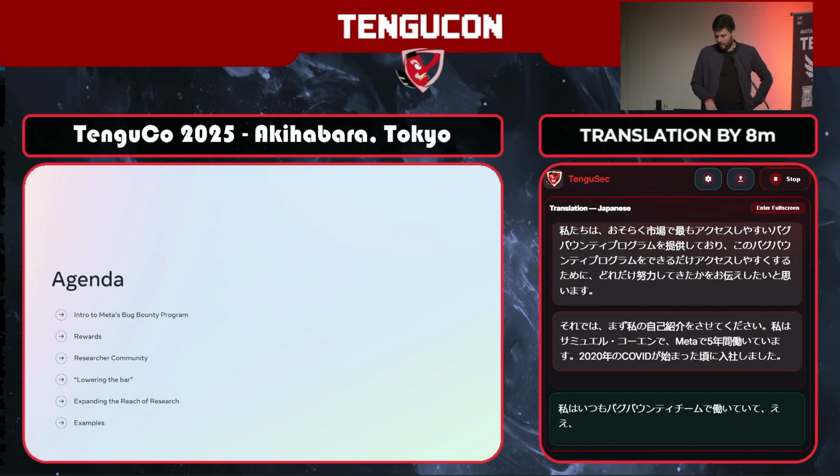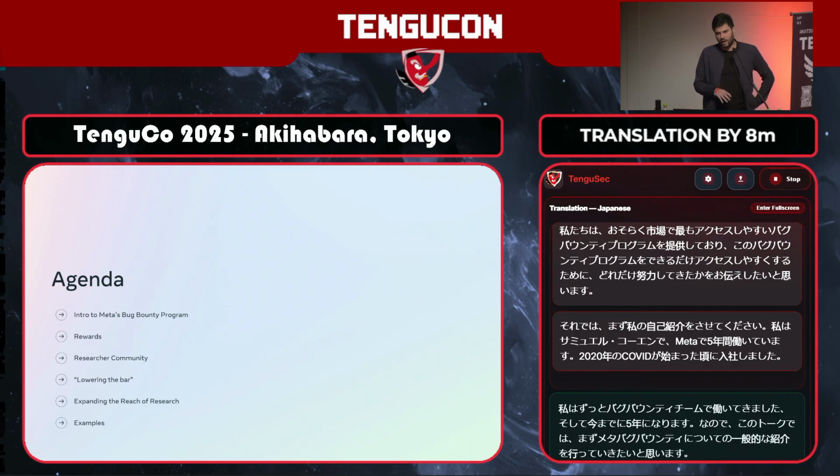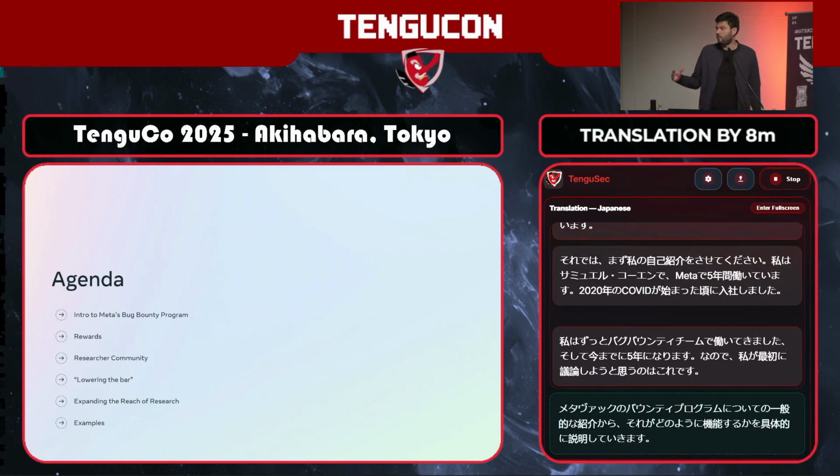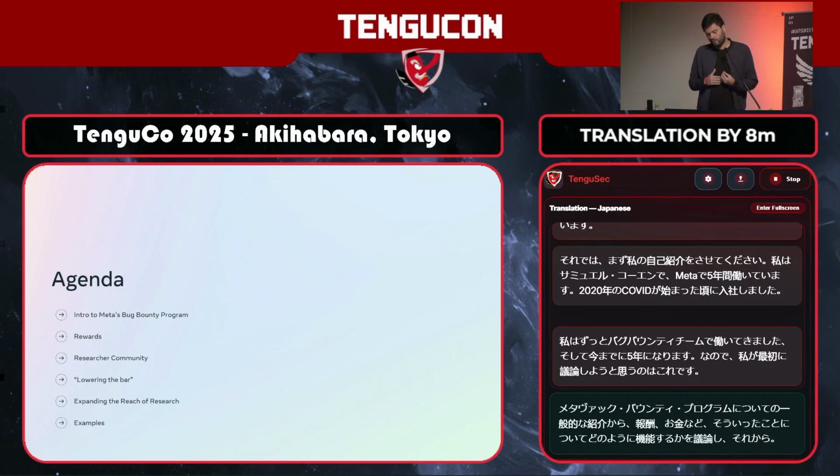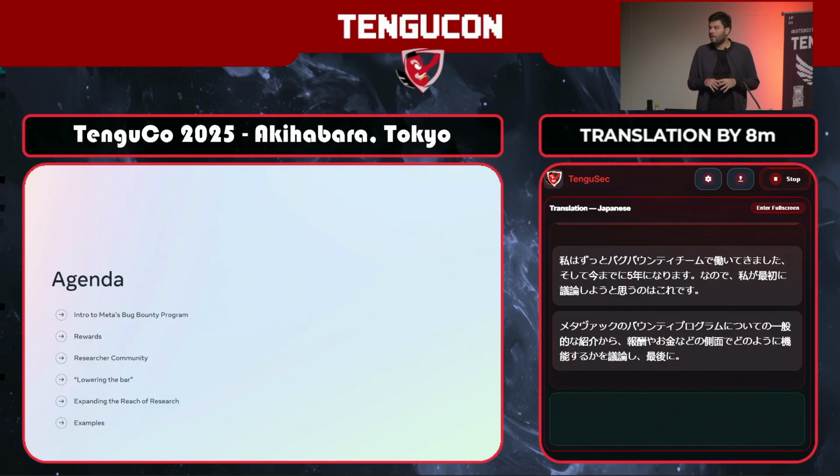So in the talk, I'm going to first give a general intro about the Meta Bug Bounty Program, then discuss how it works in terms of rewards, money, and these kinds of things. Then I'll talk about what we are doing for the researcher community and how we are trying to grow it and make the researcher experience as good as possible.